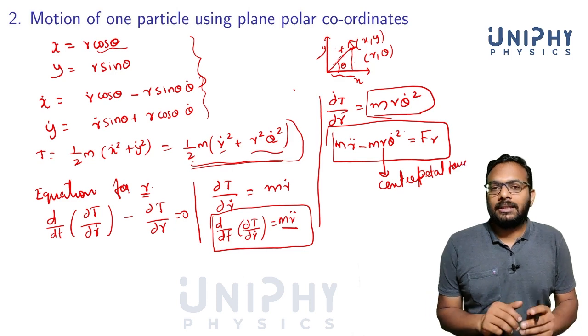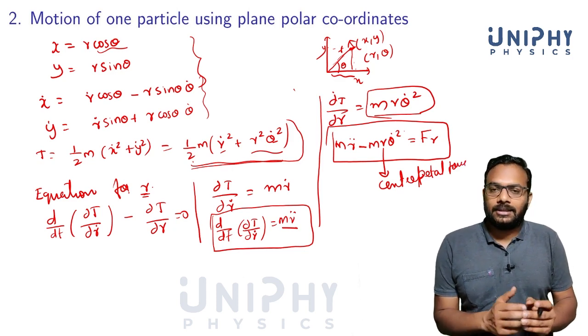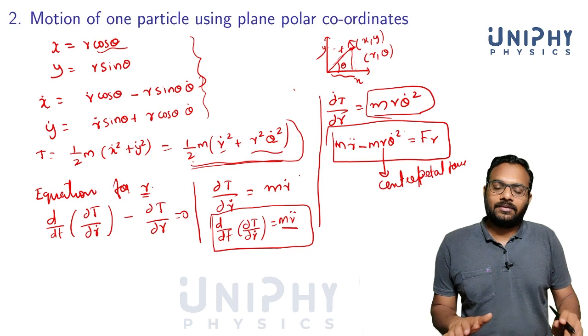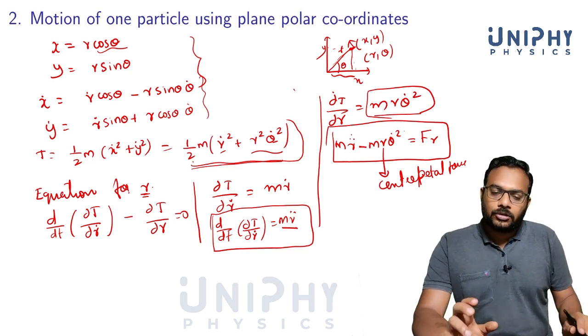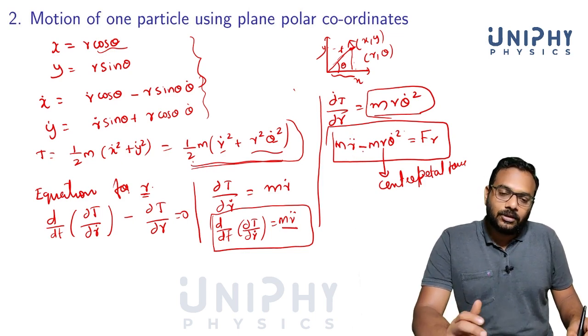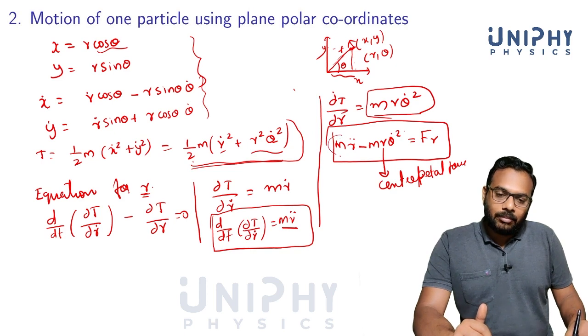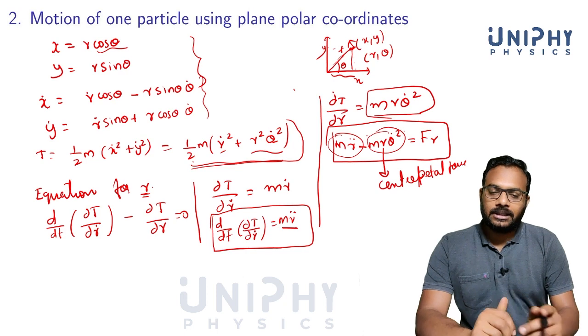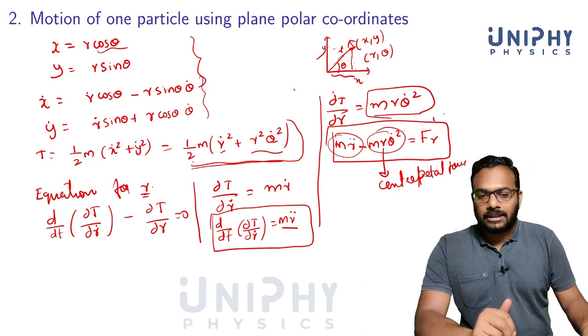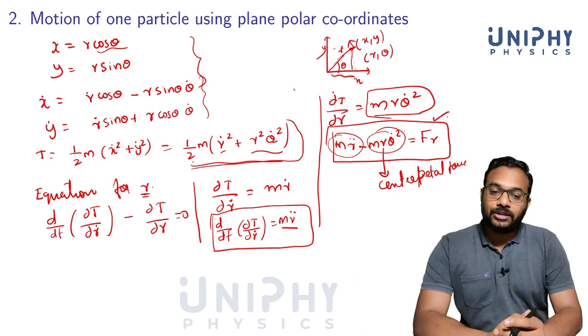You can just look at it and convince yourself that this is the centripetal force. So the total force along the radial direction is m r double dot, and there is also a contribution from the centripetal force. Alright. So that's the first equation. That's the equation of motion for r.